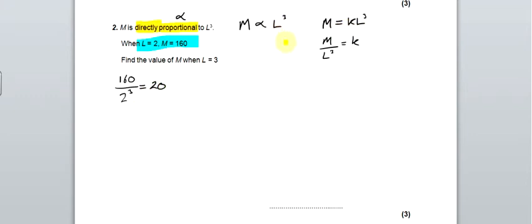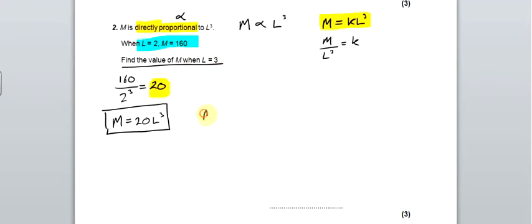I can put my formula here and my value of K together to get M is equal to K, which is 20, times L cubed. And that's the formula. And the question says find the value of M when L equals 3. So M is equal to 20 times 3 cubed, which is 20 times 27, isn't it? Which is 540.